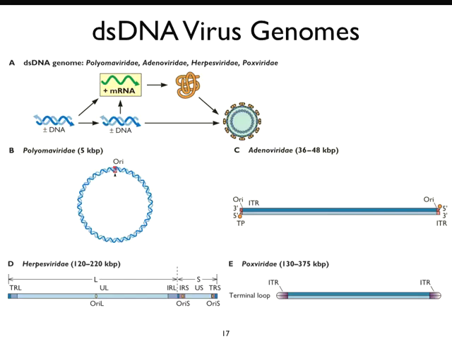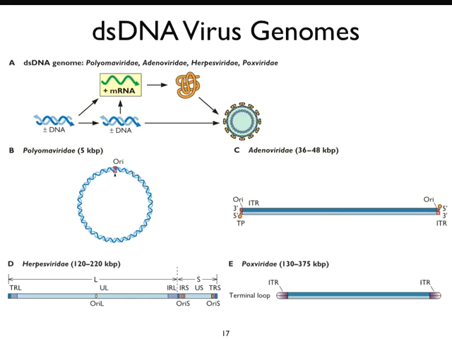So, just to give you a little more feel for where we're going, again, we're going to come back to our genomes. And you remember that we have double-stranded DNA. It can be transcribed into mRNA, and it can be replicated into double-stranded DNA and go into the particle. The polyomavirus genomes are circular and supercoiled, so they're all twisted up on themselves.